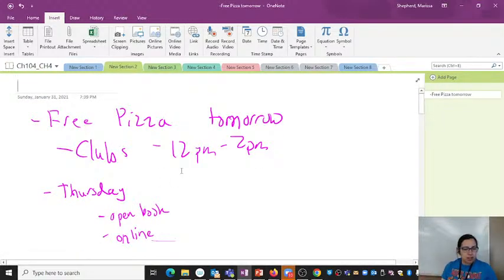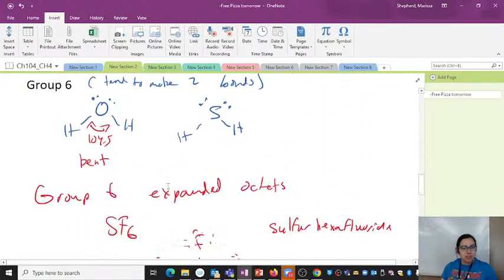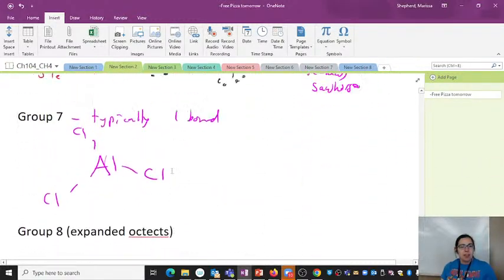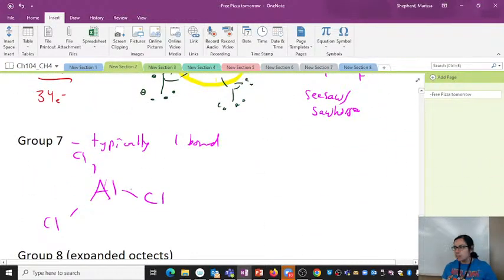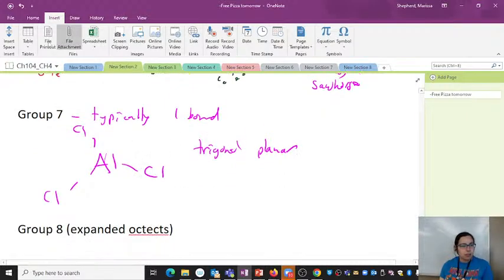We'd have to do the electronegativity check. But if you look at it in the solid state, which is what chemists care about, it is a covalent compound. In the case of aluminum trichloride, it actually makes this bonded structure, and it would have a trigonal planar geometry. So that's a little odd.